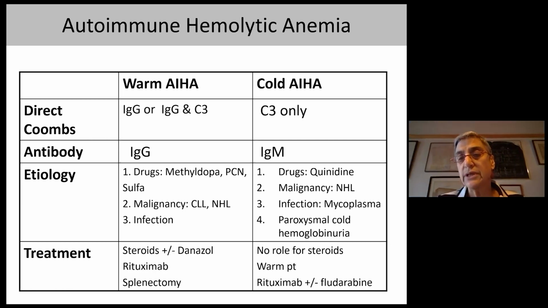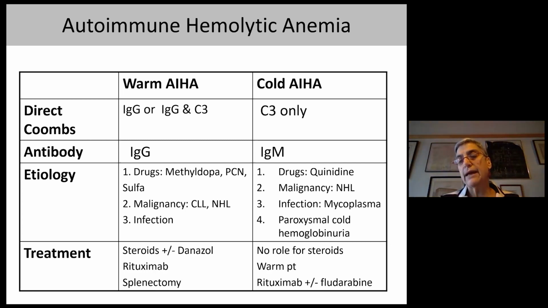Those are typically cold antibodies, as we refer to them. They're usually IgM antibodies. They bind in the cold, which is why it's called cold autoimmune hemolytic anemia. They bind in places where the temperature may be a little bit lower.